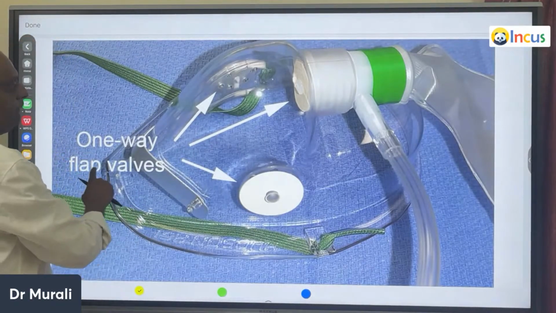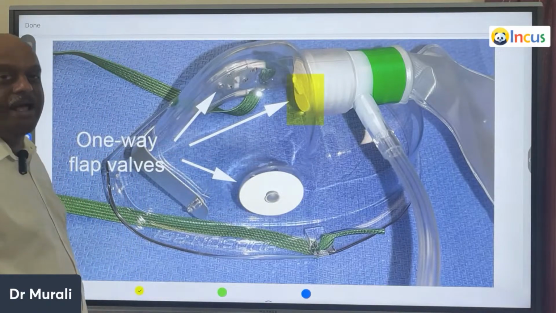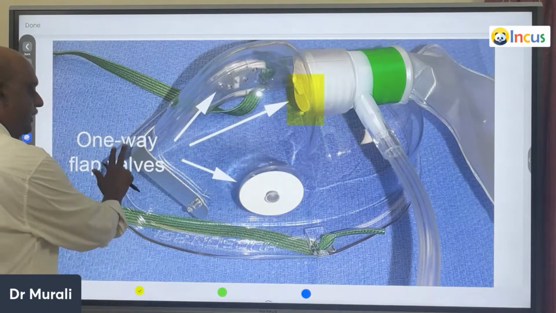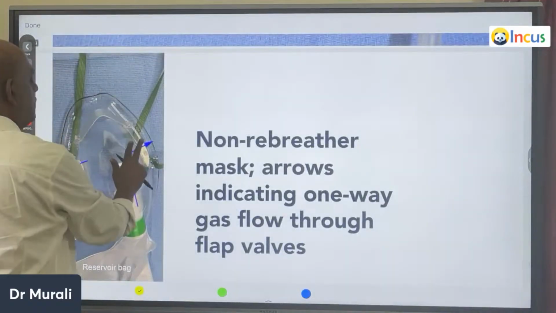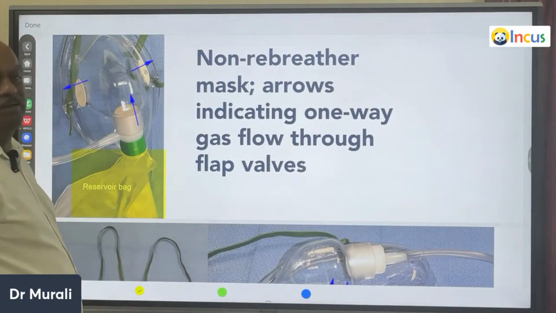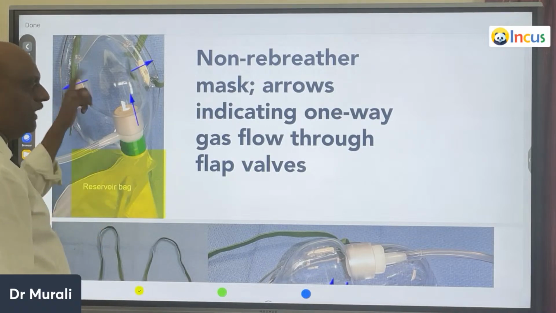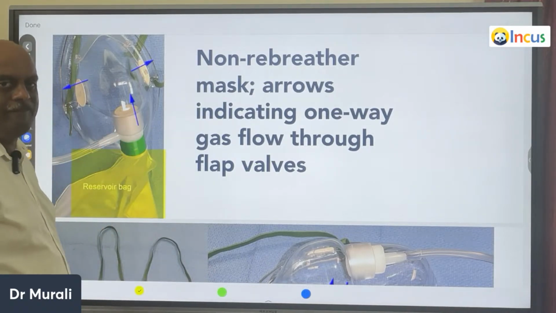So this is an example of what you are able to see, a one-way flap valve containing nasal airway, right? Then it may have a non-breather mask which will allow one-way gas flow through the flap valve.